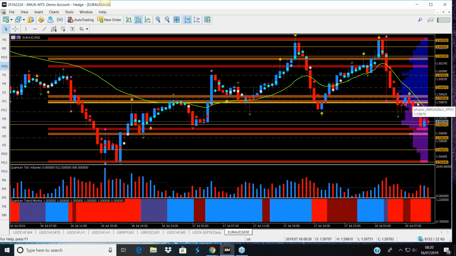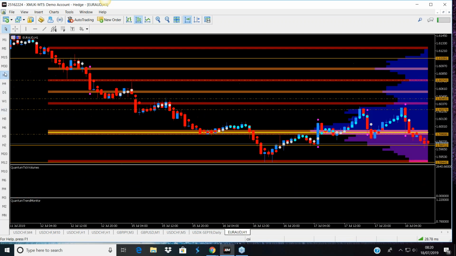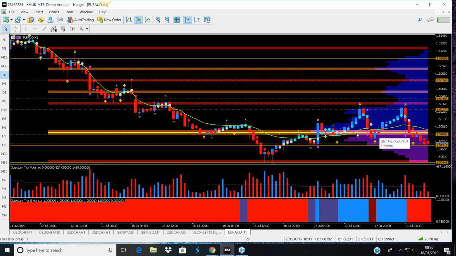Now, what I like to see here is that I'm getting the move away from the VPOCs, and hopefully the move lower is going to continue. For my time frames, the 30-minute and the hour for this particular trade, this is great news for me. I've got another double top on the hour.